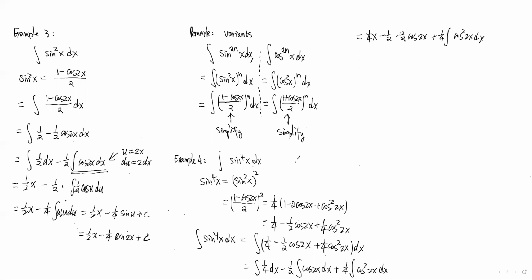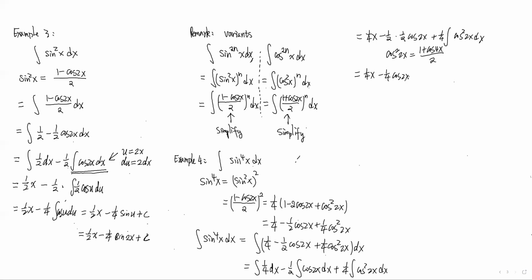But here we have cosine squared 2x. So here we have to repeat to use this. Cosine squared 2x is half 1 plus cosine 4x. So we get 1 over 4x minus 1 over 4 cosine 2x.